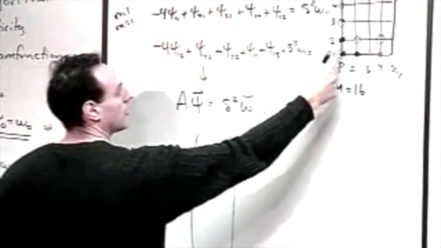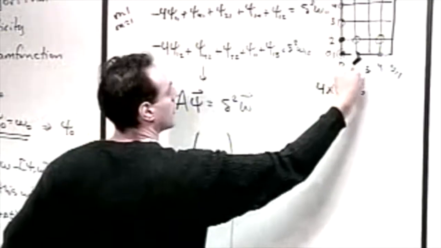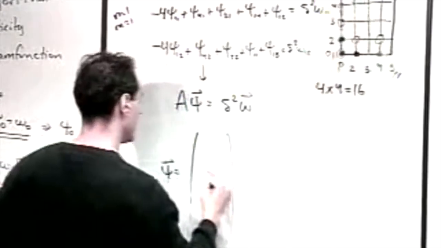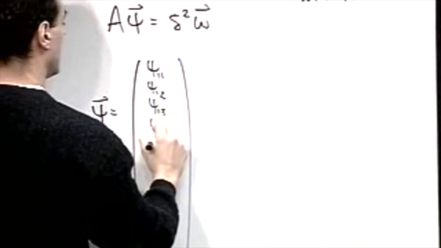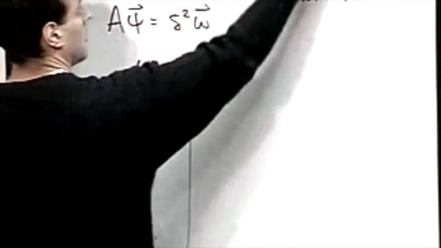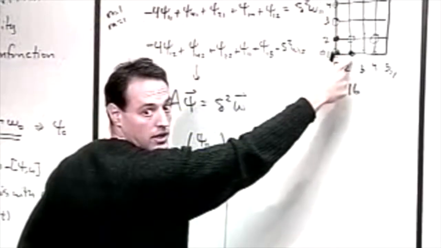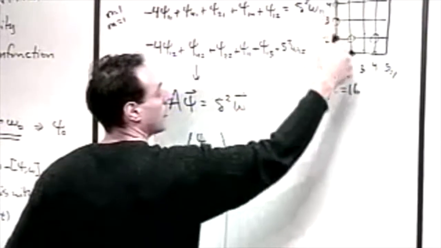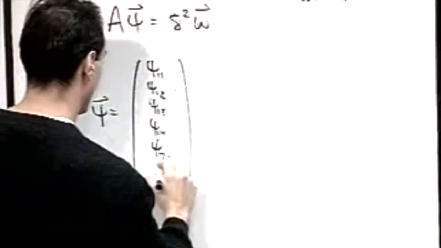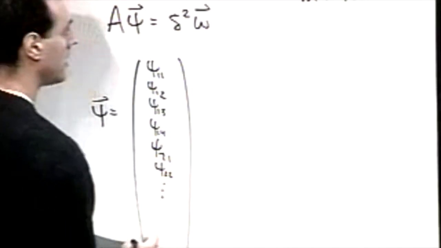So I have to solve for all these. And notice I was going up this way, then over here, then over here, then over here. So this is going to be psi 1,1, psi 1,2, psi 1,3, psi 1,4. Once I get to here, I come back down, because this point's already that one. So I solve for those 4 points. And the next one, psi 2,1, psi 2,2, all the way down.